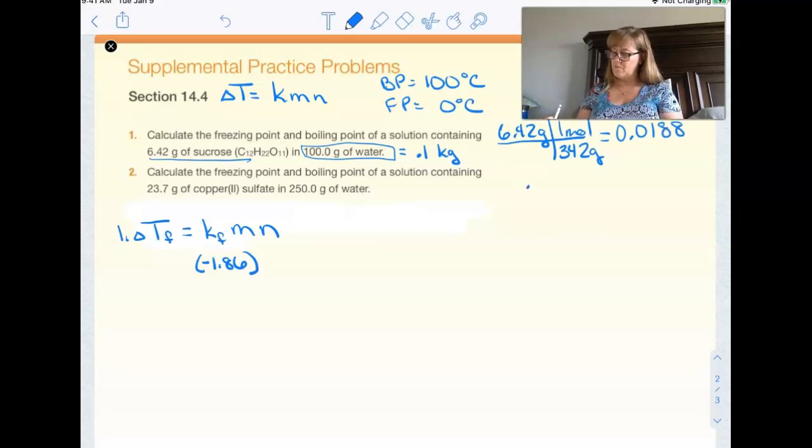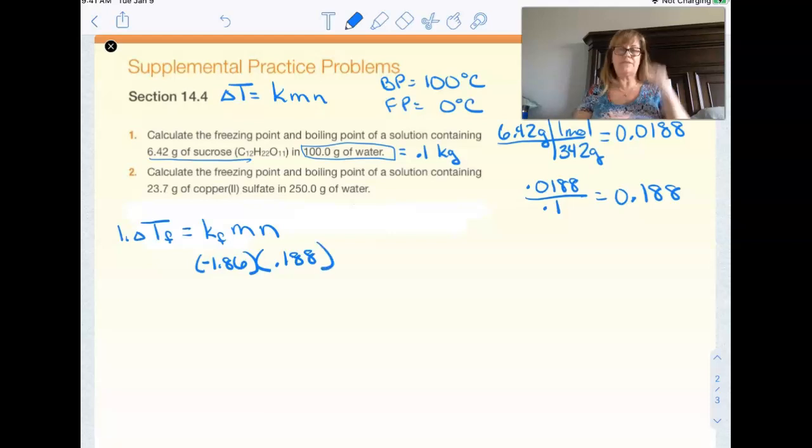So we take our 0.0188, we divide it by our 0.1 kilograms for a molality of 0.188. So we put that in here for M. And now we have to decide how many particles our solute dissolves into. Well, if you notice, this is an organic solute.